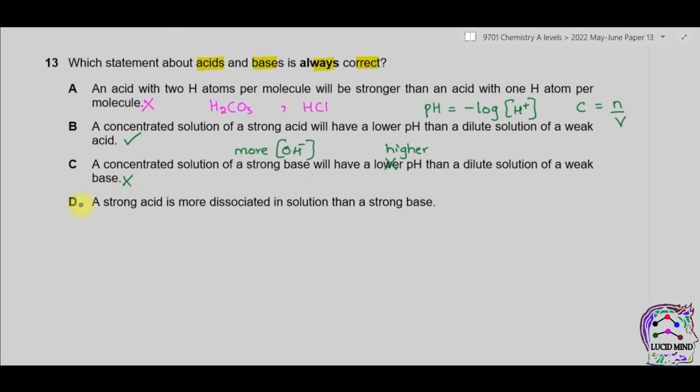So this is wrong. Part D. A strong acid is more dissociated in solution than a strong base. Both are highly dissociated, because a strong base also dissociates completely while a strong acid also dissociates completely. So this statement is wrong. The correct statement is therefore B.